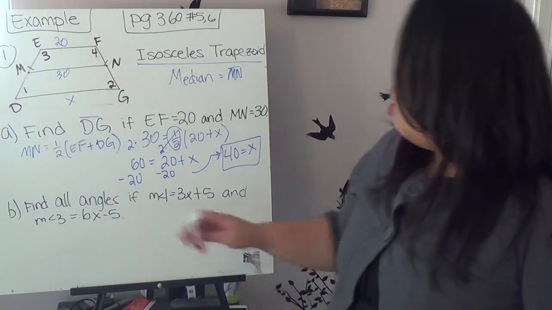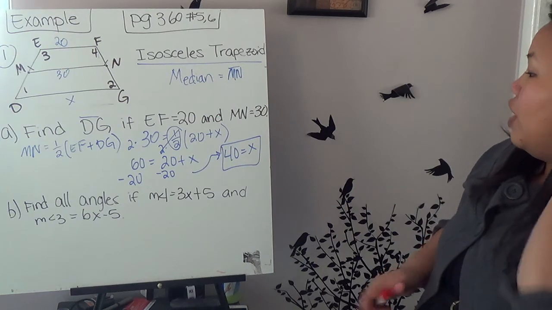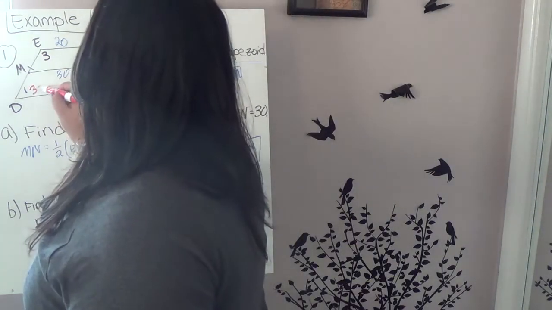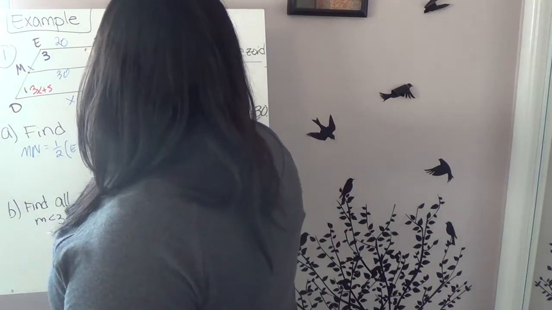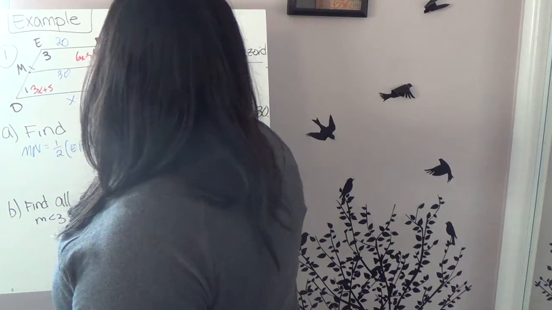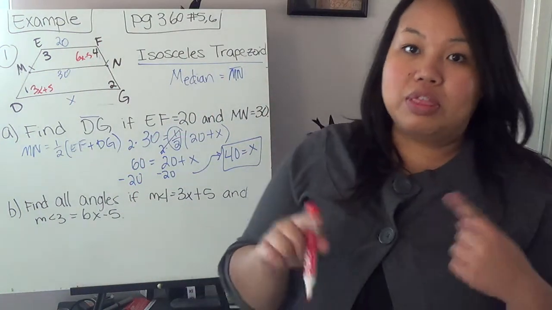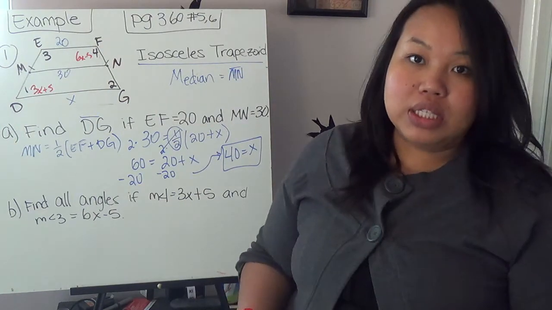Now, for this one, it says find all angles if the measure of angle 1 equals 3x plus 5. So angle 1 is 3x plus 5, and angle 3 is 6x minus 5. I know this is an isosceles trapezoid, so what do I know about the base angles of an isosceles trapezoid? I know that each pair of base angles is equal.